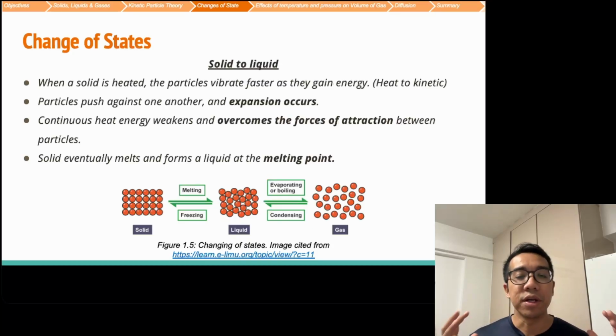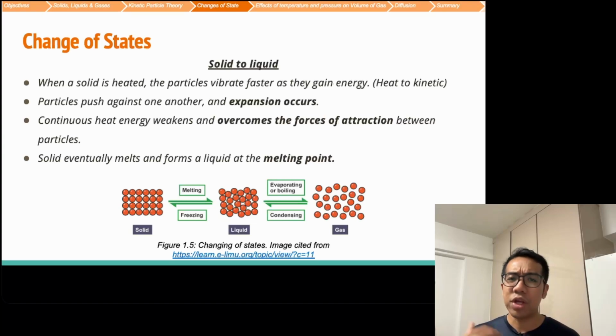and expansion occurs. When the expansion occurs and you keep heating the system, again, system refers to the ice here, the heat energy weakens the forces between the particles and overcomes the forces of attraction, causing the bonds to break apart. And once that happens, the particles are able to slip and slide over one another.